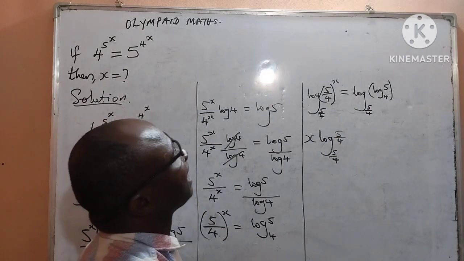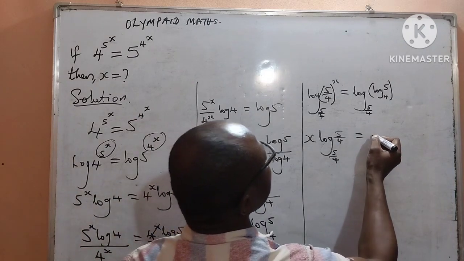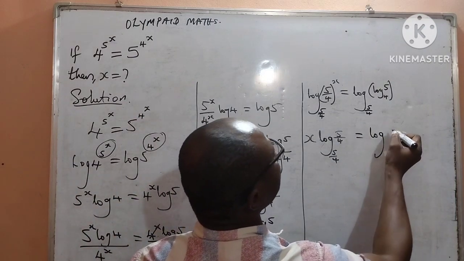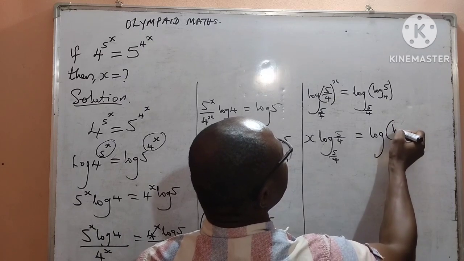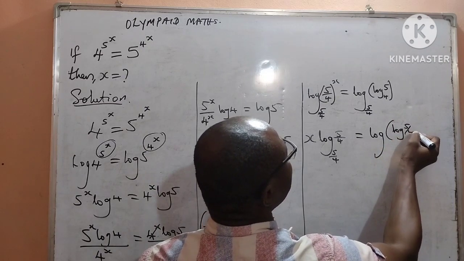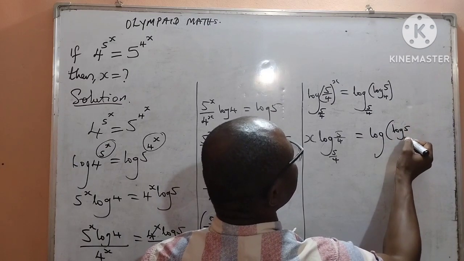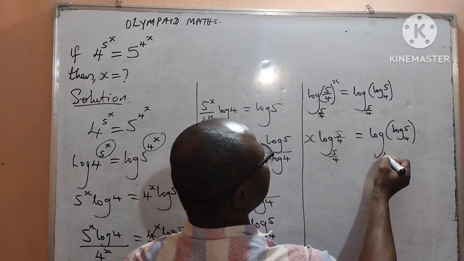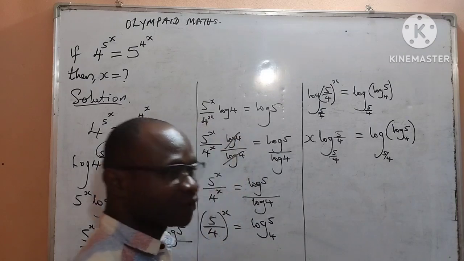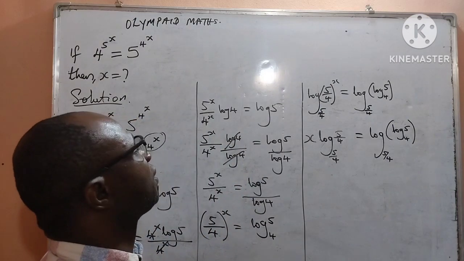And then, by the right hand side, I will still have the logarithm of log 5 base 4, to base 5 over 4.